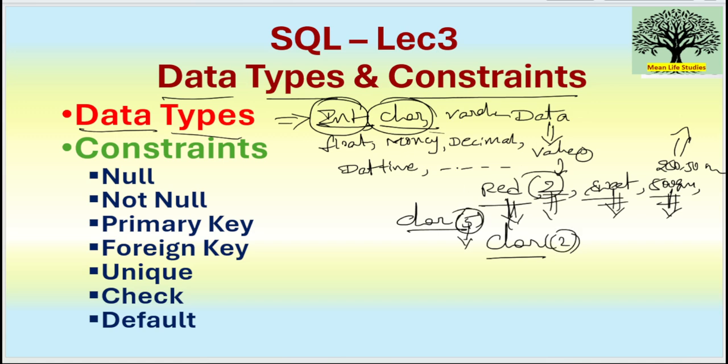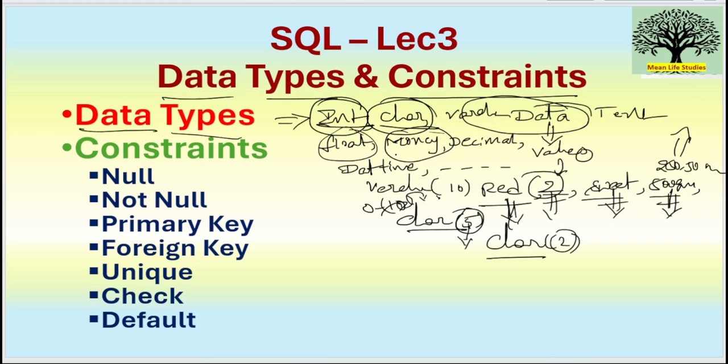But in order to overcome this disadvantage, we'll be using varchar. If you use varchar of 10, the column value will accept 0 to 10 characters. Up to 10 it will accept, but beyond that it won't accept. Okay, we'll be having text data types as well. See, all these data types will be used for different types of columns.